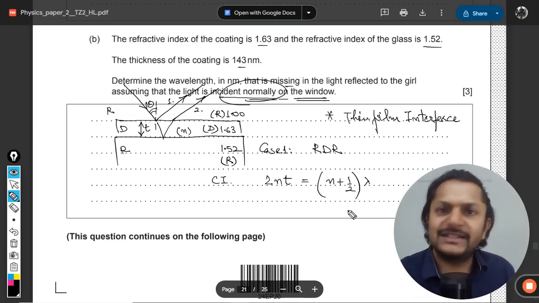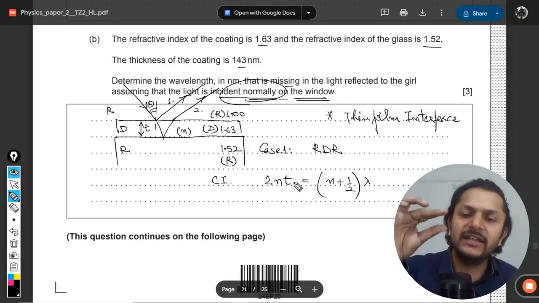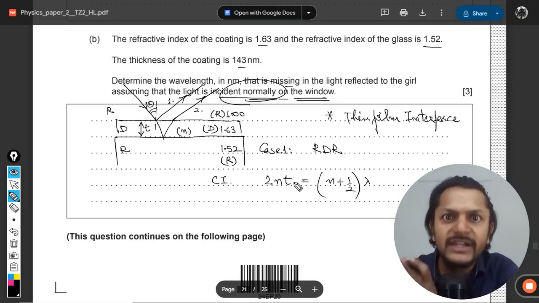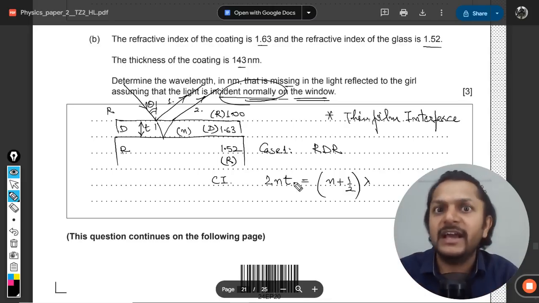Now, if you open the data booklet, this is the formula that is given. Instead of t, they have written d. They take d as that, but I do not assume it to be d because there are many d's now. That is why I take t as the thickness.